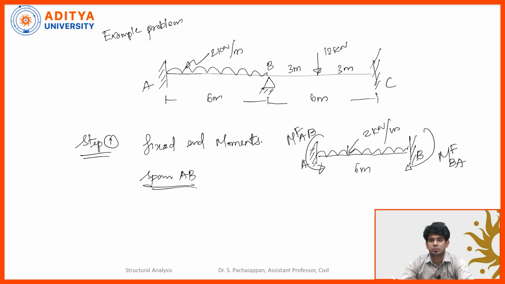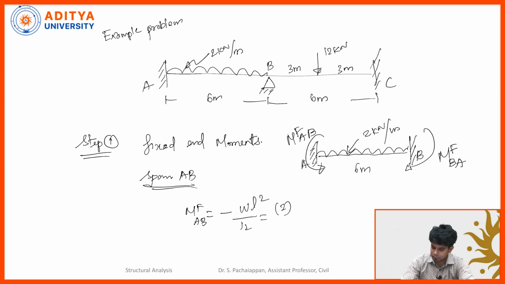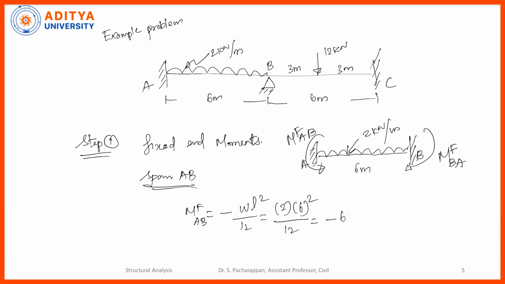Since the UDL is throughout the span, for MFAB the formula is an anti-clockwise couple, so I am using negative WL square by 12. W is 2 kilonewton per meter and L is 6, squared, by 12. So I will get minus 6 kilonewton meter.